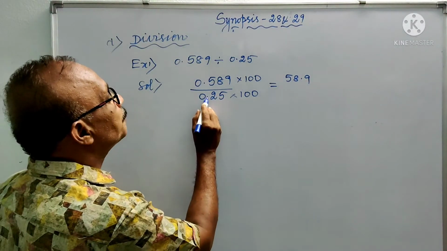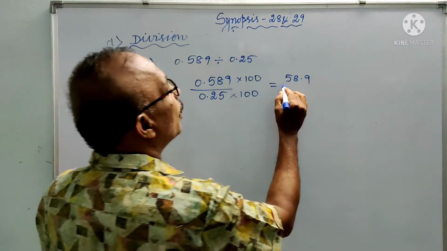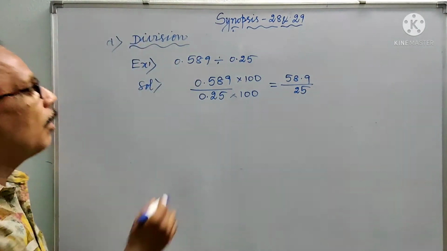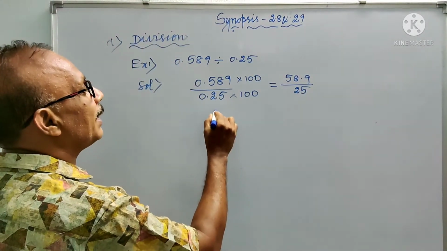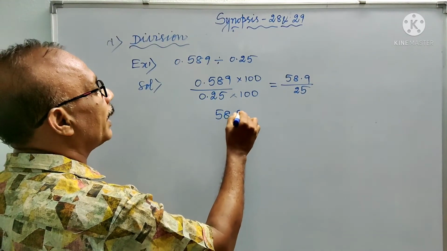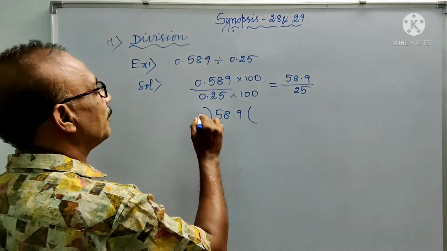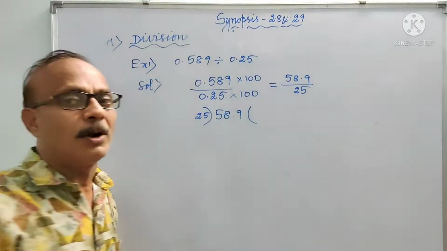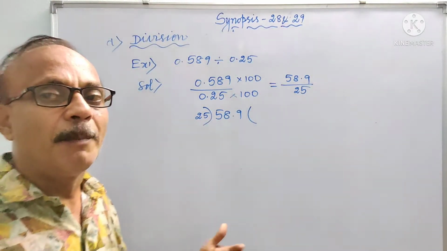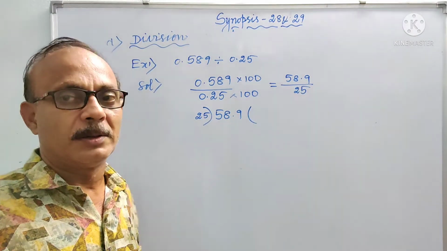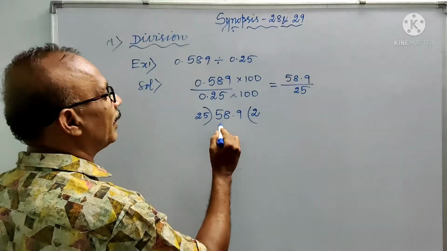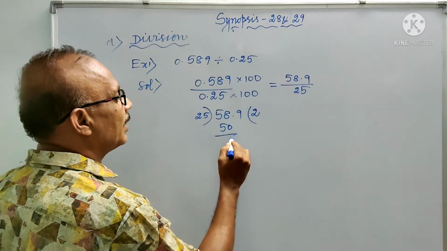And here this point moves by 2 places, so it becomes 25. Now you divide 58.9 by 25 as usual, because this came under the first category now, division of a decimal by a whole number.